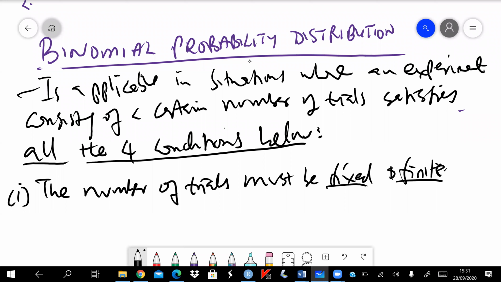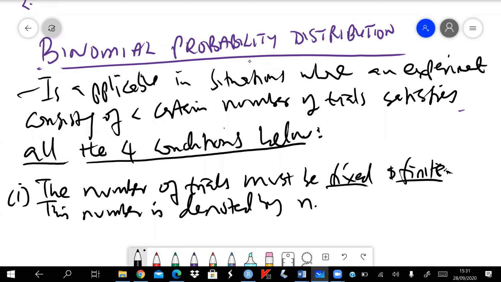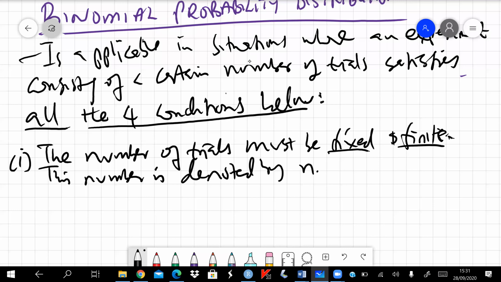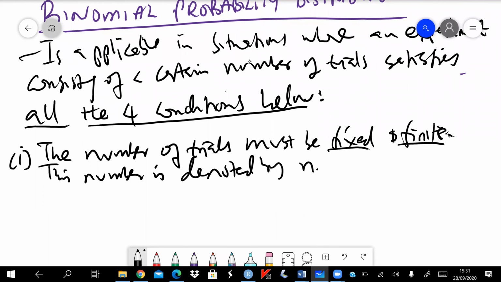And then it must also be a finite number. The number must be finite, okay? Must be known, must be countable. So this number is usually denoted by n.